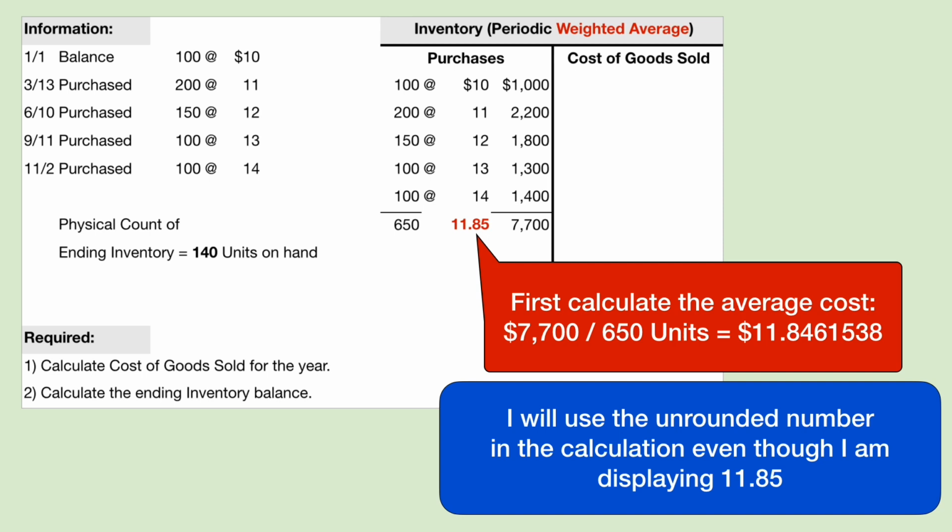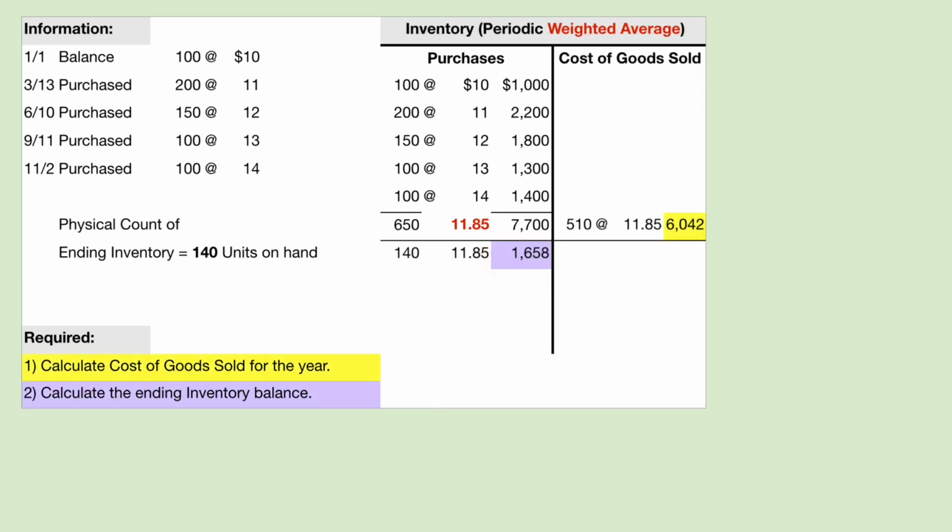Well, that's step 1. Step 2, take a physical count of your inventory. We counted 140. We had 650 available. We still have 140 in our physical inventory. So we sold 510 out of the collapsed layer.